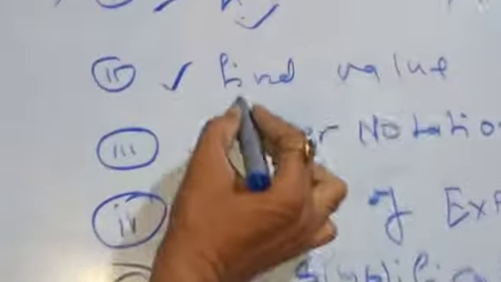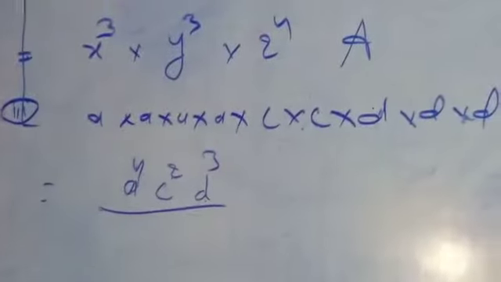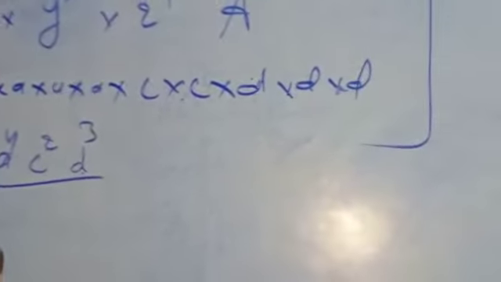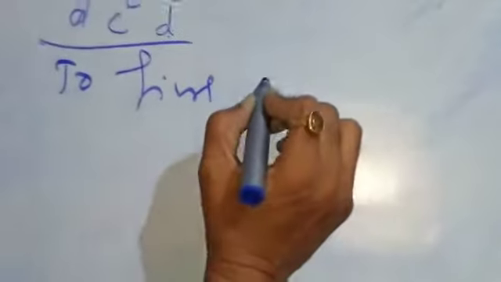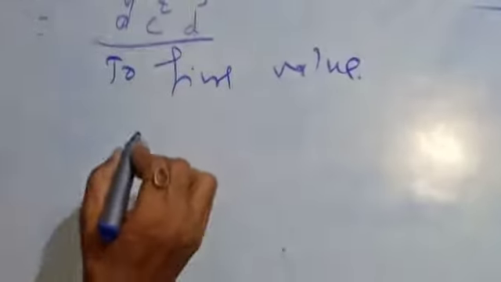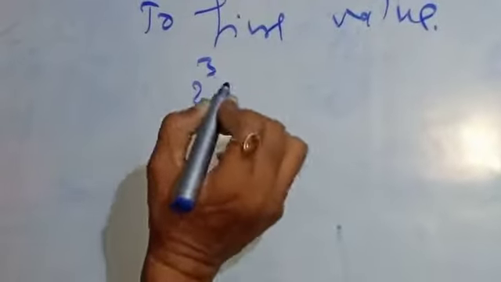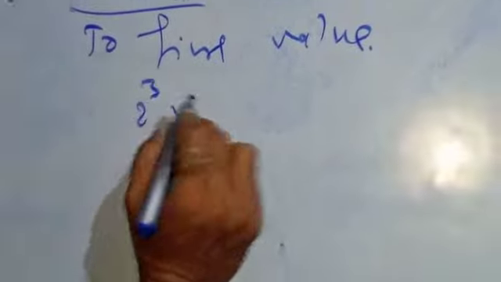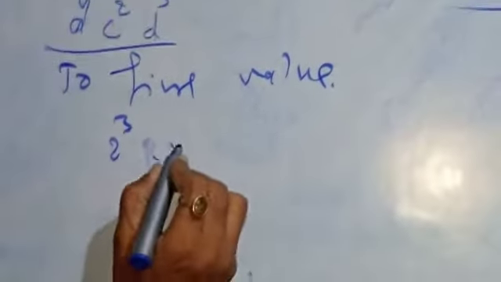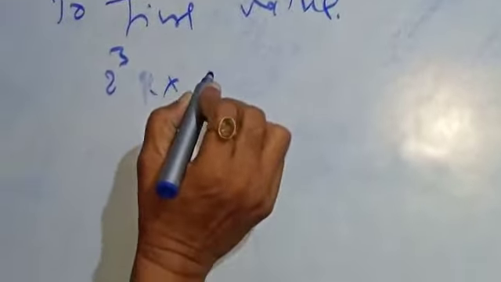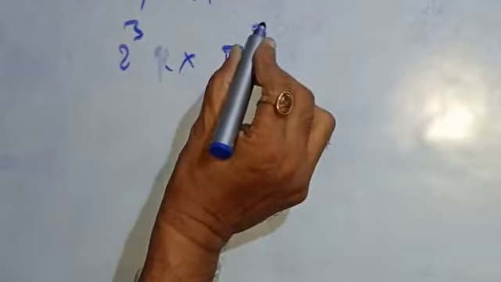Second is, find the value. Suppose we are given 2 to the power 3 into 5 to the power 2.